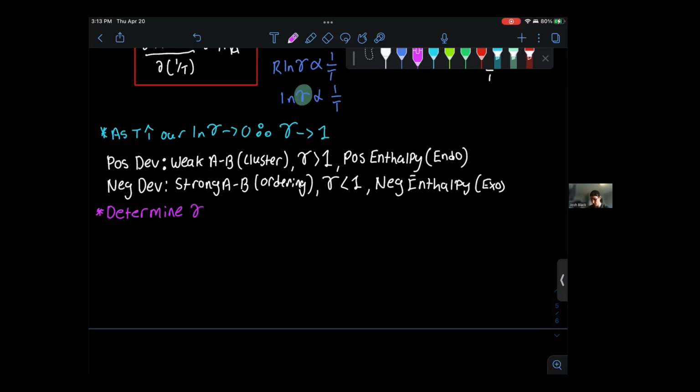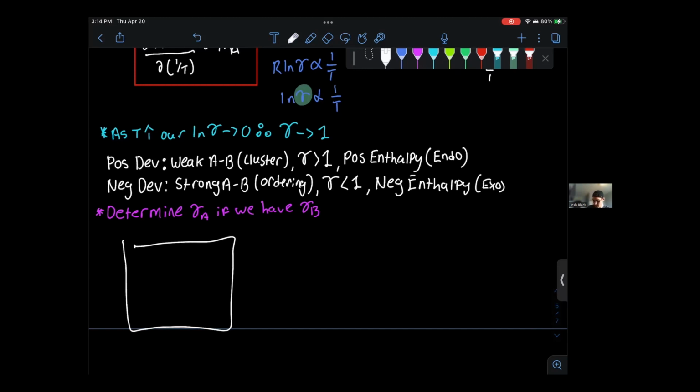Determining the activity coefficient of, let's say, A, if we have the activity coefficient of B. Now, if you were in class, there was a lengthy derivation of this, where we started with purely talking about activities, and then we found out that if we were to graph the log base 10 of our activities, we'd get this weird graph where both ends go off to infinity, and we couldn't gain any value from this.